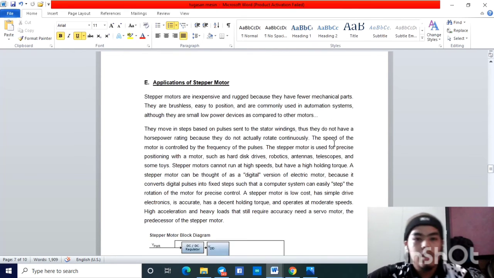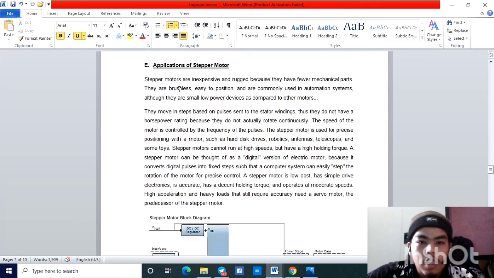Okay. Next, applications of stepper motor. Stepper motors are inexpensive and rugged because they have fewer mechanical parts. They are brushless, easy to position, and are commonly used in automation systems.